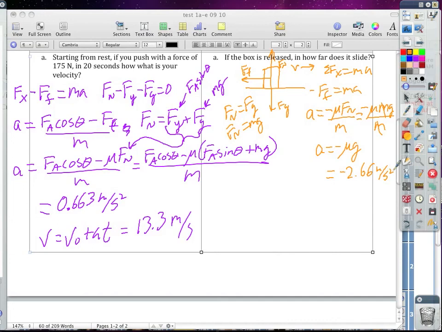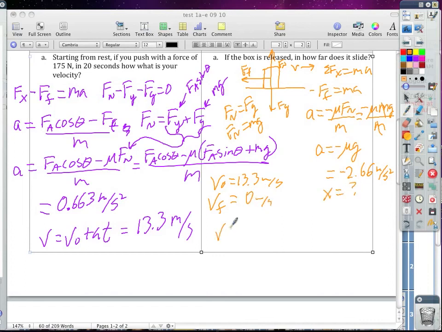So how far does it slide? We know the initial velocity is 13.3 meters per second. We know the final velocity is, what should the final velocity be? Yeah, 0, right? So we know the initial, the final, they want x.